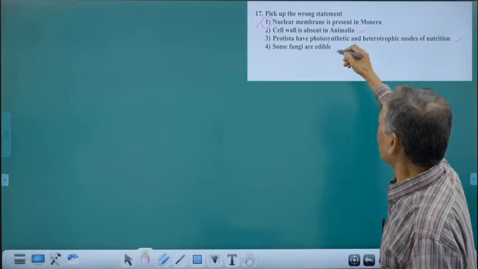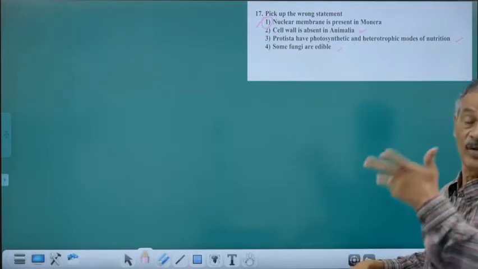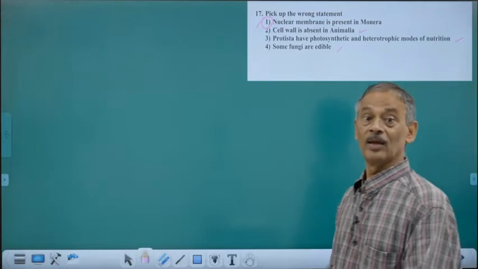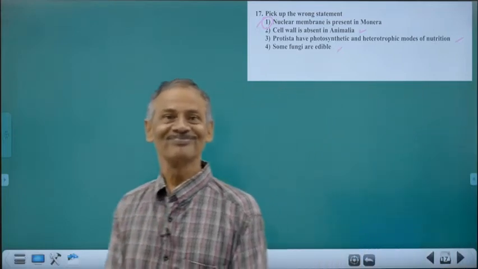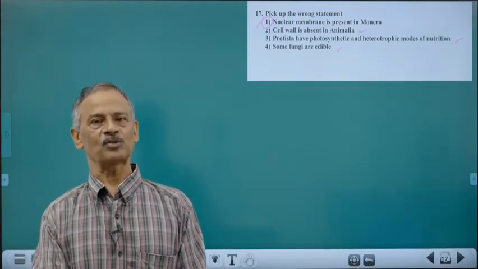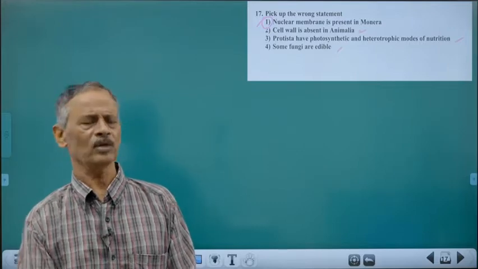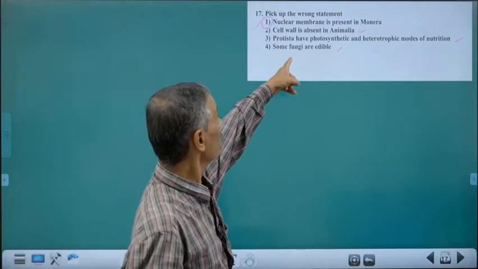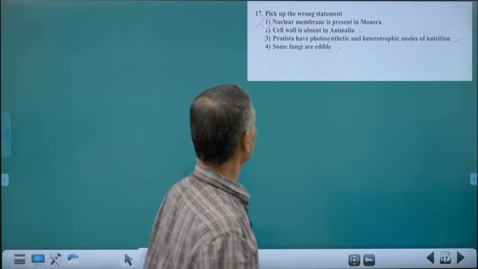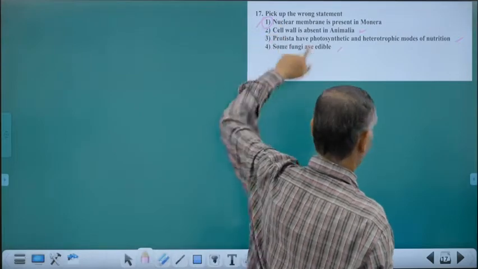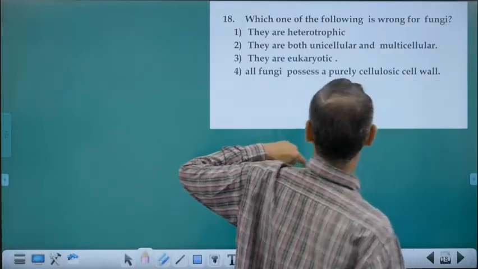Some fungi are edible. We have seen truffles, morels, and mushrooms. There are edible as well as non-edible mushrooms; poisonous ones are also there. So the correct statements are 2, 3, and 4. Only one is the wrong one.